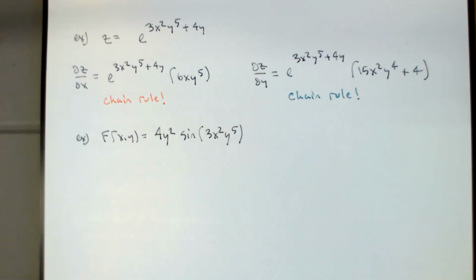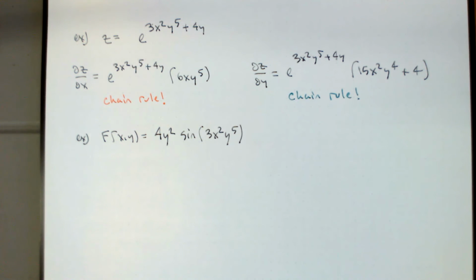Maybe I should have made it x so I can use that one. In either case, we're going to need the chain rule when we come to take the derivative of sine of 3x squared y to the fifth. That's definitely the chain rule. Chain rule is always in effect. But we don't use the product rule when one of the factors is constant.